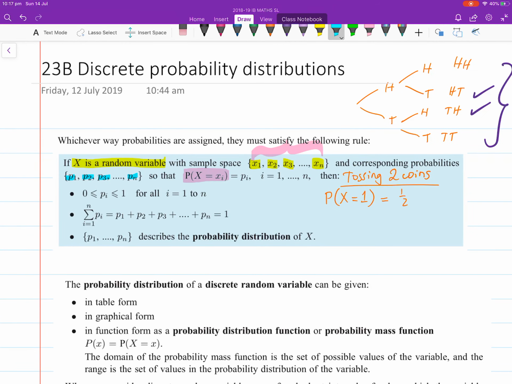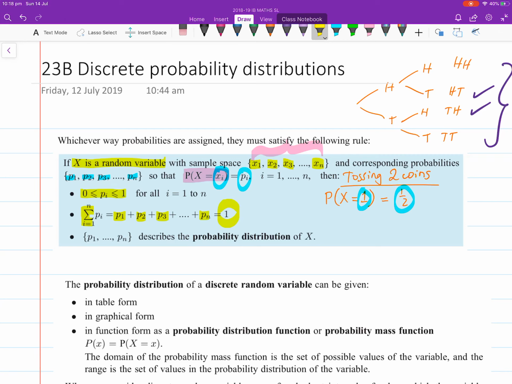So does that make sense that this is the xi, this is the pi, the actual probability, okay? So obviously the pi has to range from 0 to 1. You can't be more than 1, like a 100% chance of something happening. But your total, remember this sigma stands for the sum of all probabilities p, starting with i equals 1 up to i equals n, is the probability of your first one, plus the probability of the second one, plus the probability of the third one, etc., all the way to your last one, and it has to add up to 1, which makes sense, right?